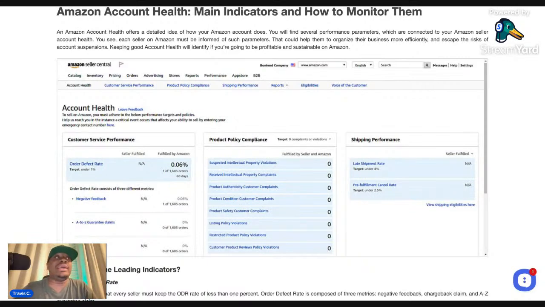Let's just say you shipped a product out via seller fulfilled or merchant fulfilled and it got there late. They can go under feedback, leave that feedback on your feedback section of your account and say, hey, seller shipped late and item was not in correct condition.